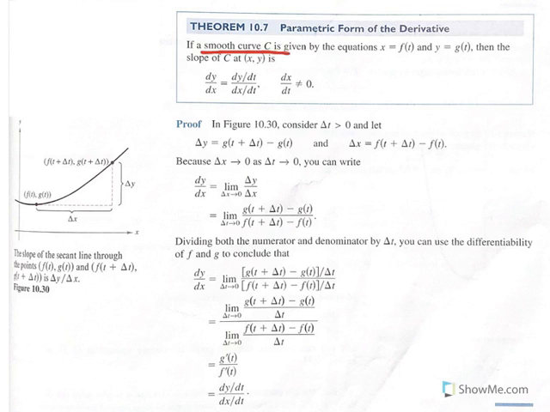If a smooth curve C is given by the equations x equals f(t) and y equals g(t), of course they could be different functions, that's why we use f and g there, then the slope of the curve at (x, y) is given by dy/dx. So dy/dx gives us the slope of the curve at a particular point, and according to this theorem, dy/dx is equal to dy/dt over dx/dt, provided that dx/dt is not equal to 0.